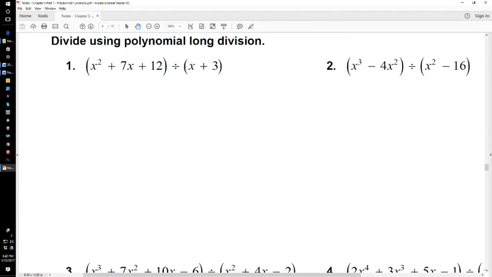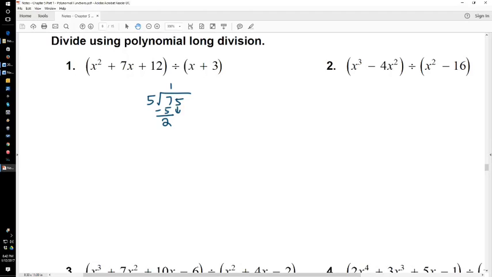Okay, what we're doing here on 5.3 is dividing polynomials using long division. Long division, you may recall, is what we did in grade school. If you had 75 divided by 5, you would say 5 goes into 7 one time. 1 times 5 is 5, and then you'd subtract. 7 minus 5 is 2.